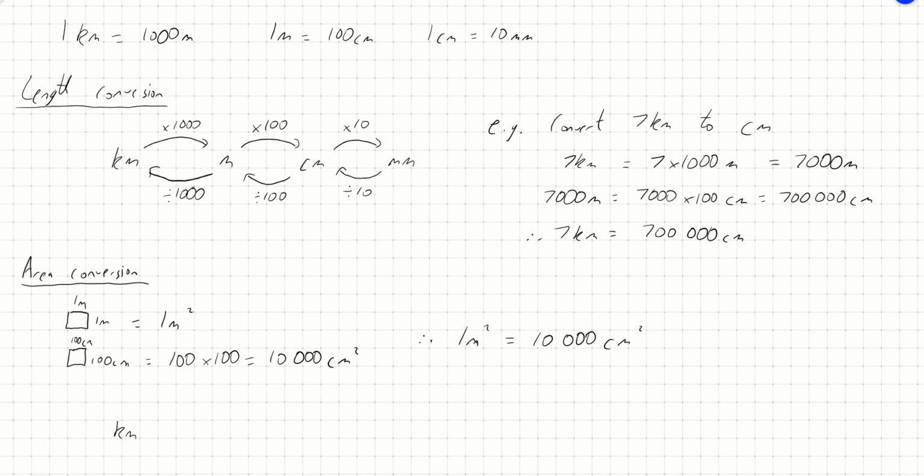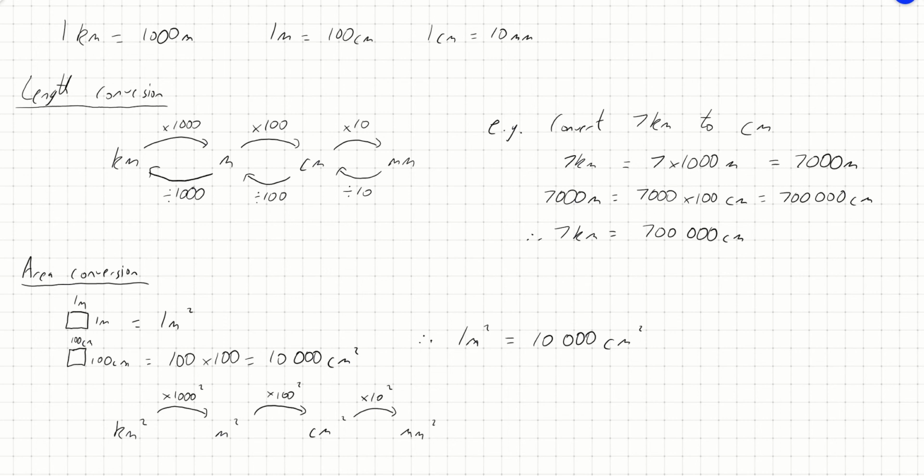If we're going from kilometers squared to meters squared to centimeters squared to millimeters squared: to get from kilometers squared to meters squared, rather than multiplying by 1,000, we multiply by 1,000 squared. To get from meters squared to centimeters squared, we multiply by 100 squared. To get from centimeters squared to millimeters squared, we multiply by 10 squared.